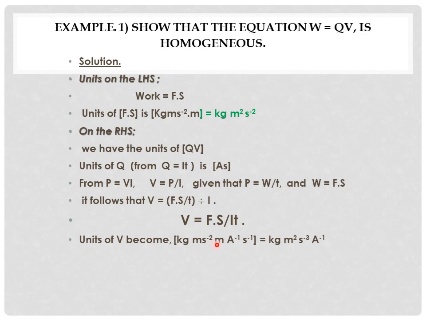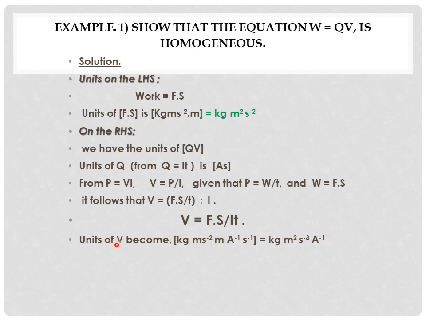So if we simplify this, the kilogram stands, meter times meter is meter square, second to the power minus 2 times second to the power minus 1 becomes second to the power minus 3. And we have ampere to the power minus 1. So we have kilogram meter to the power 2, second to the power minus 3, and ampere to the power minus 1.